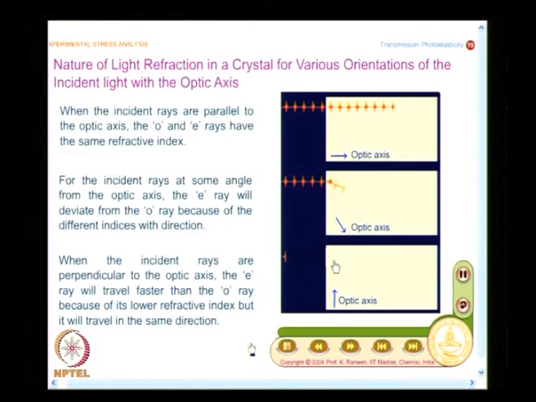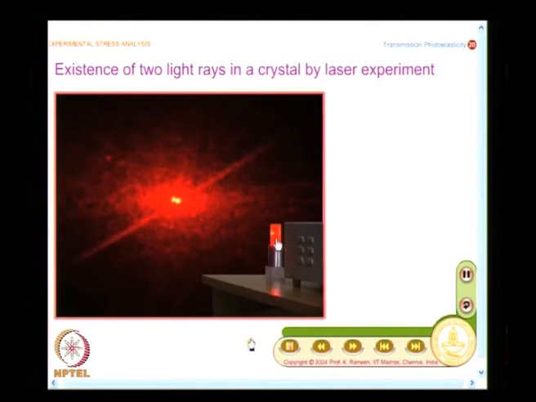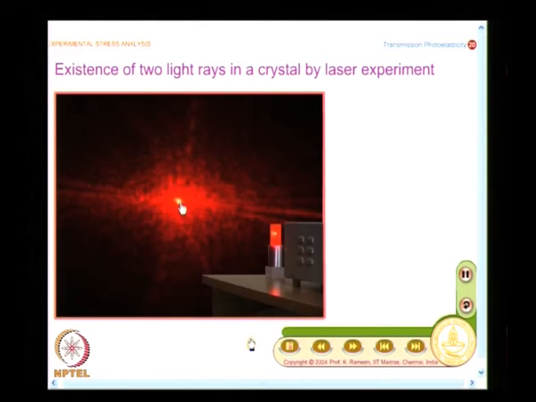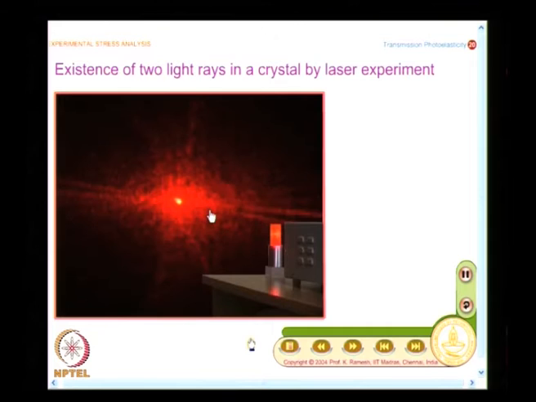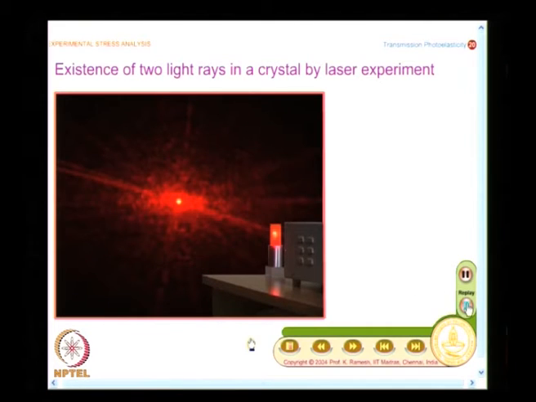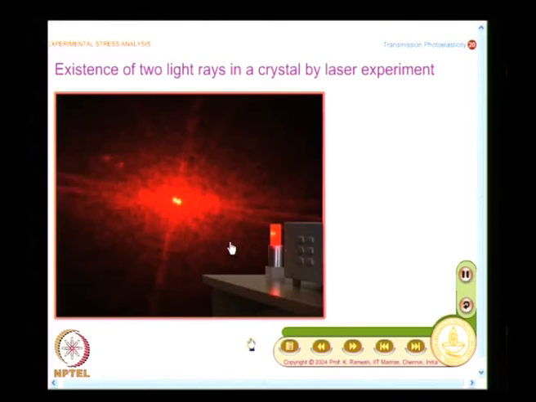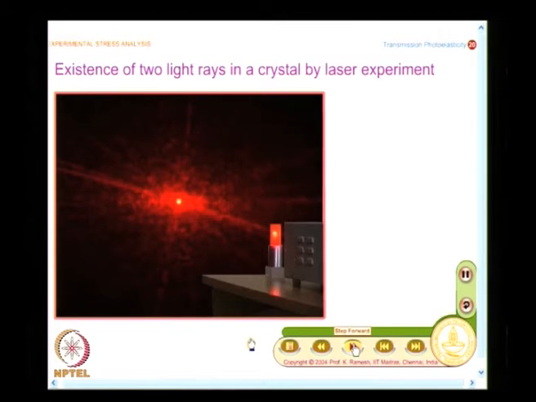They also acquire a retardation within the crystal. We have also rotated a crystal and seen that one dot becomes two dots, which indicates that the incident light in relation to the optic axis has a role to play. Now the stage is set for how to analyze this mathematically.